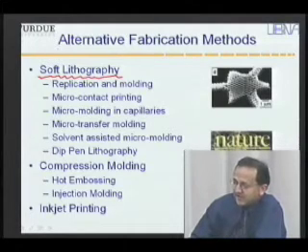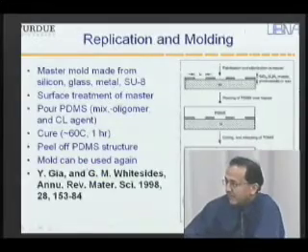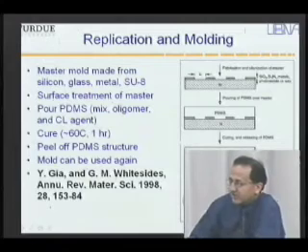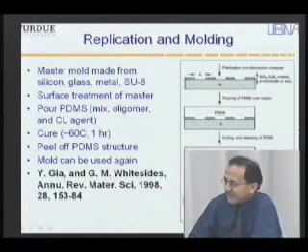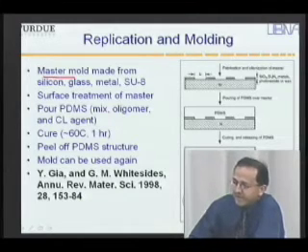So the first type of soft lithography is called replication and molding. The basic idea is the following: you make a master mold first, and it's made from silicon, glass, metal, or let's say SU8, which is a negative resist that can be formed with thicknesses on the order of 25 to 200 microns.